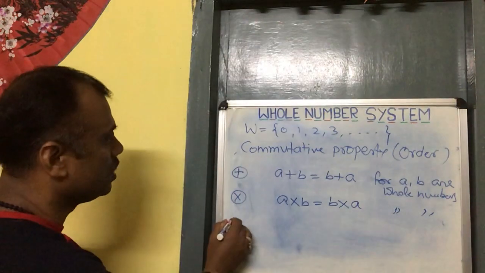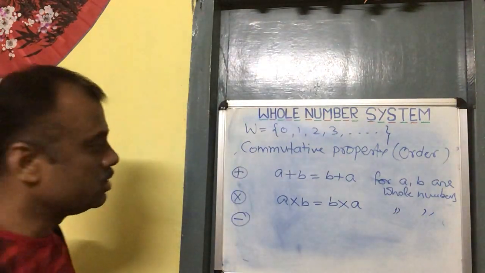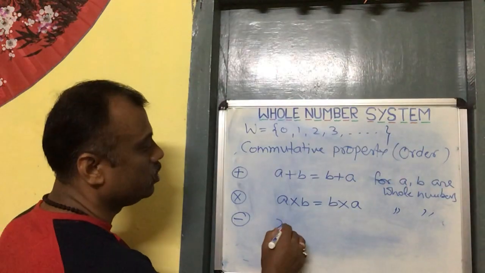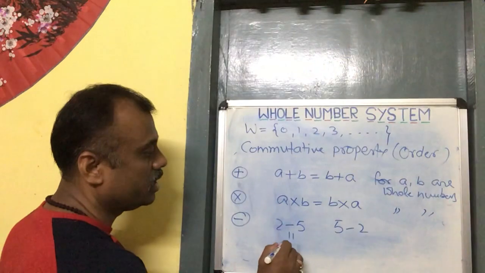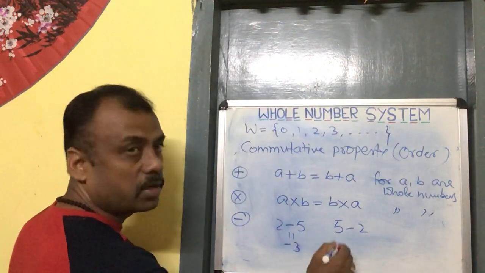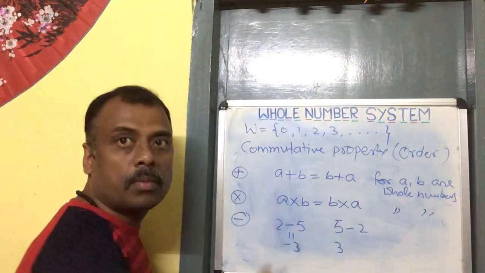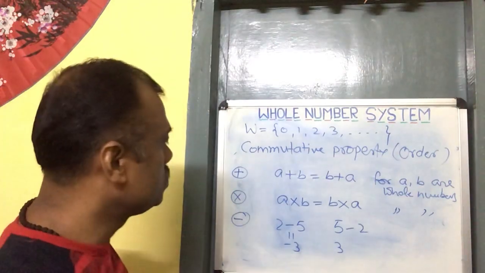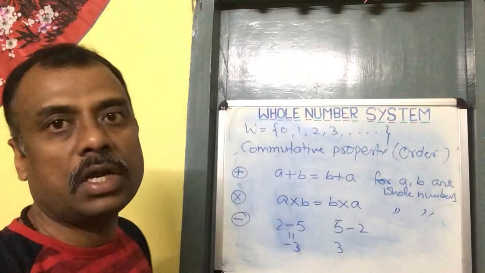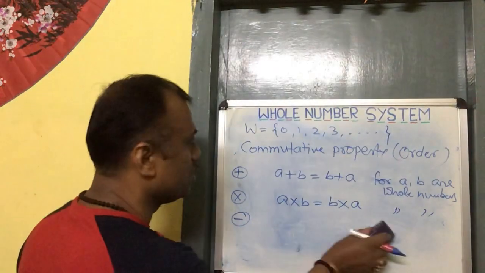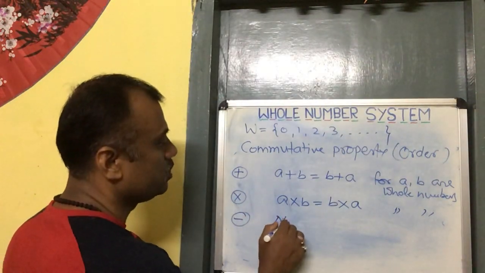Now let us check for subtraction. As you know, if I take 2 minus 5 and here 5 minus 2, here we will get minus 3. Here we will get 3. Both are not the same. So whole numbers are not commutative under subtraction.